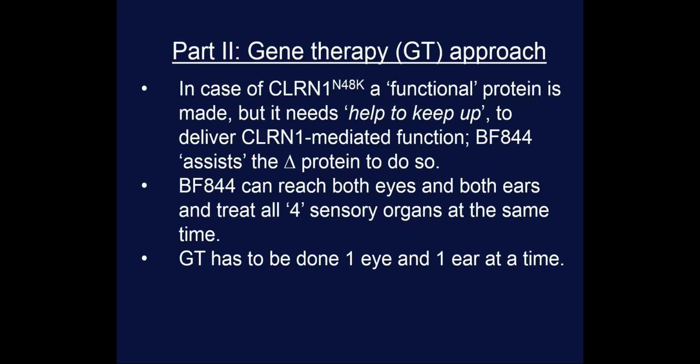The second thing is, in the case of Clrn1 N48K, BF844 can reach both eyes and both ears and treat all sensory organs at the same time, whereas in gene therapy you have to treat one eye and one ear at a time. So the advantages of the small molecules depend on the nature of the mutation.